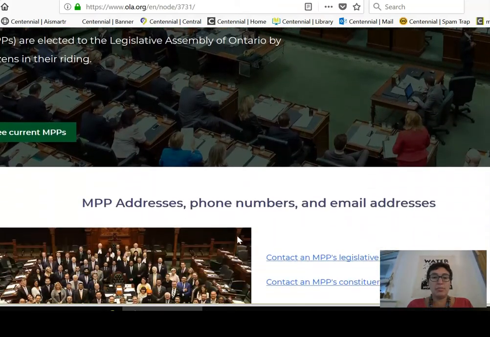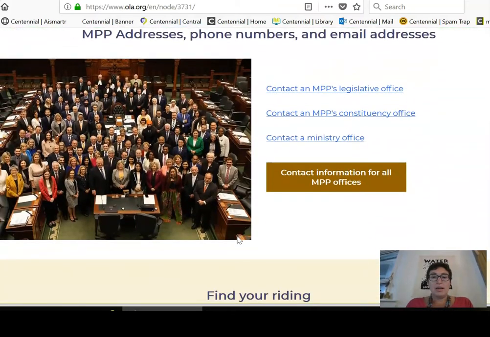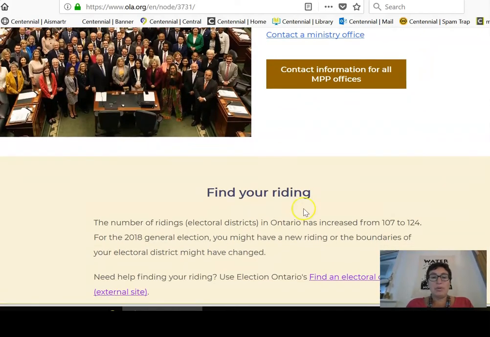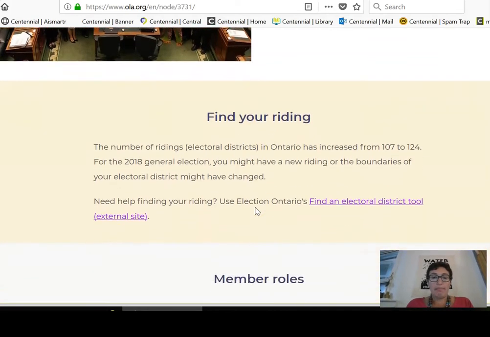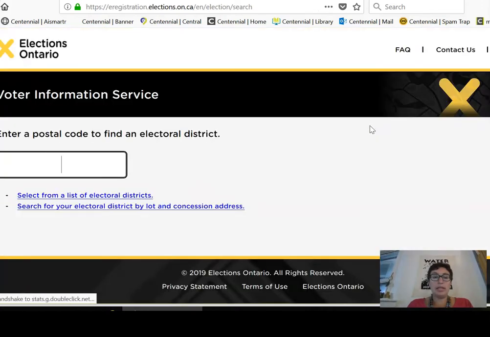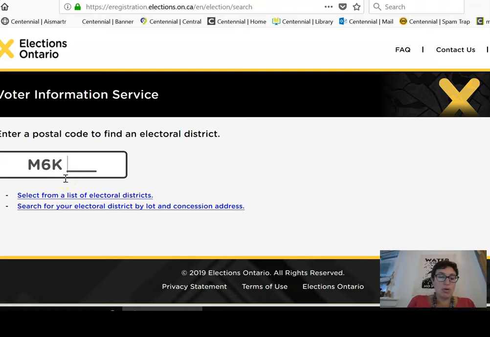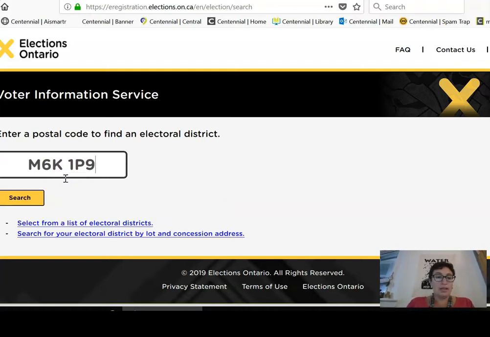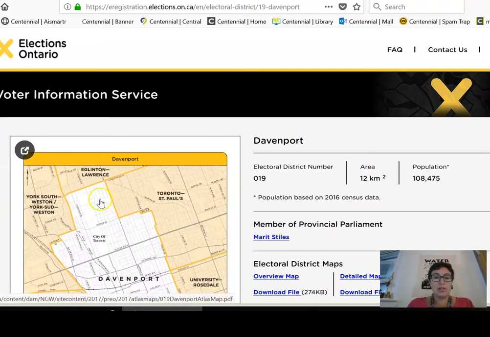Here's our representatives. Now, what we want to do is find your riding. If you need help finding your riding, use Elections Ontario's Find Your Electoral District tool. So you would click here. My postal code is M6K1P9. So now we're going to search it.